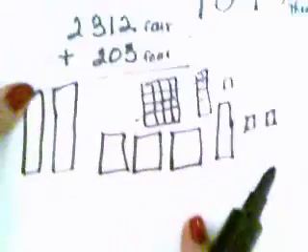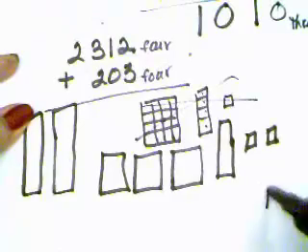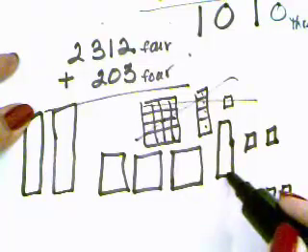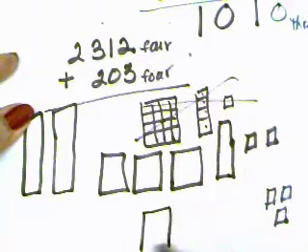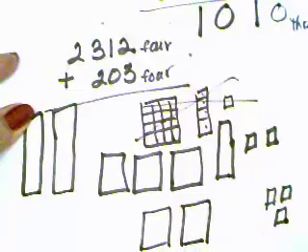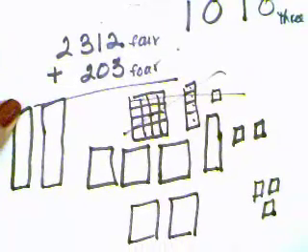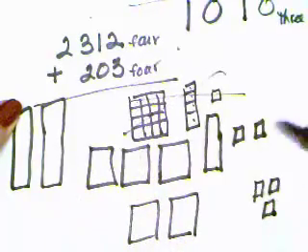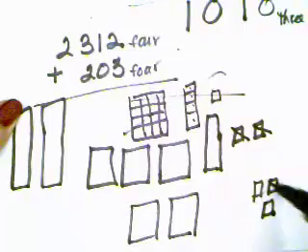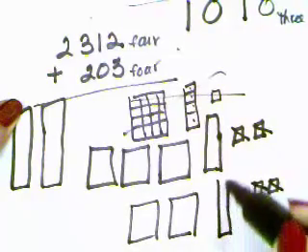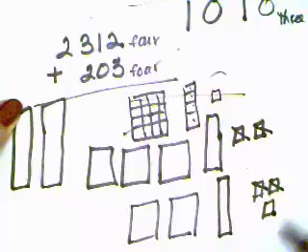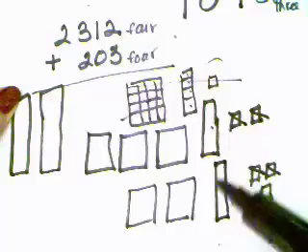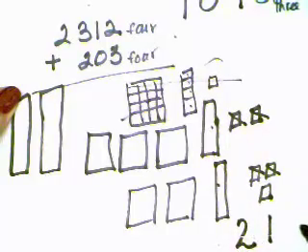The second number, I have 3 units, no longs, and I have 2 flats. So in base 4, I will group by 4s. So if I have 4 units, that makes a long with 1 unit left over. I have 2 flats, so we'll keep those.